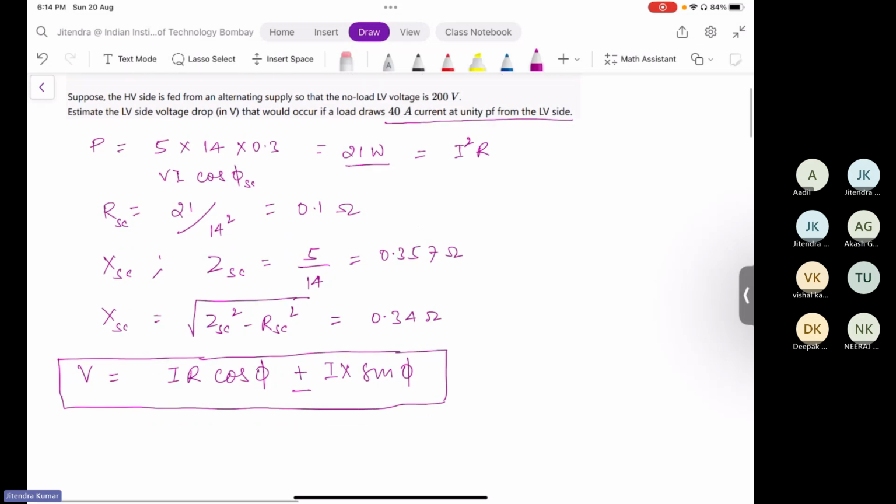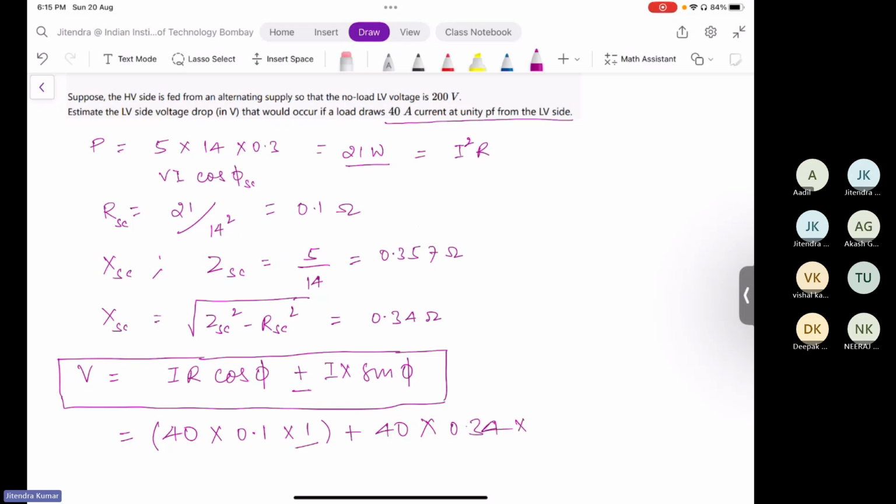Current is 40 ampere into RSC, 0.1, into cos phi, which is 1, plus I X, 40 again, X we computed 0.34, into sin phi.